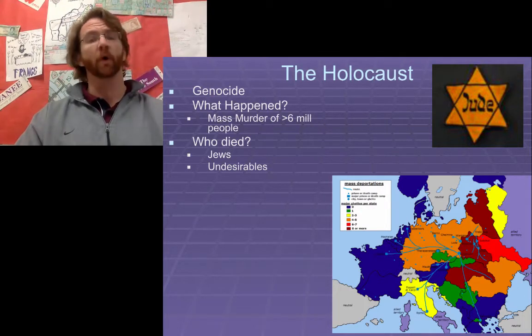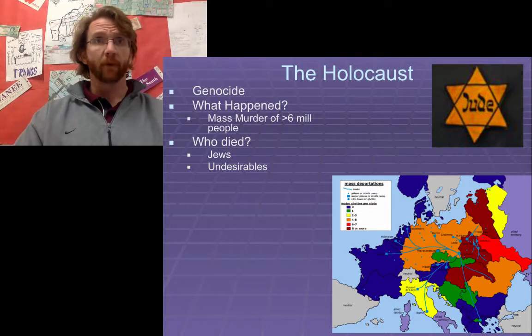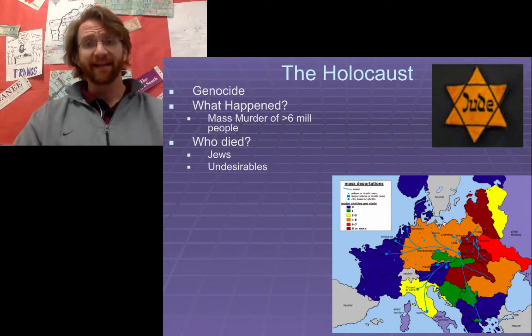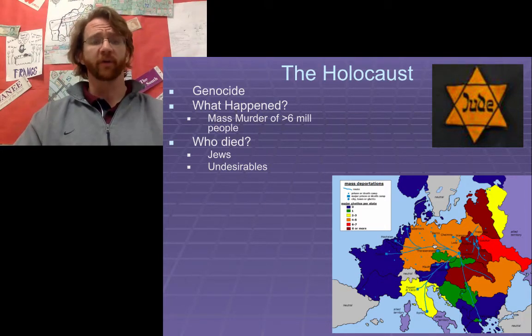Mentally handicapped people were considered undesirable. Other undesirable people would be gypsies. Gypsies are an ethnic group that are generally from Southeast Asia or Southeastern Europe or Eastern Europe. And they were also persecuted because of their beliefs and more or less the lifestyle that they lived.